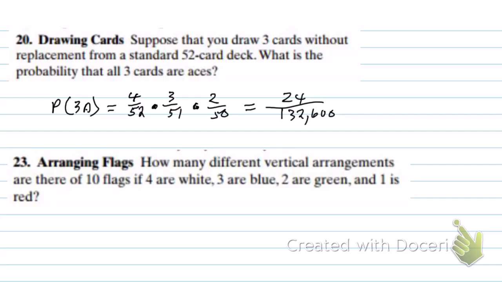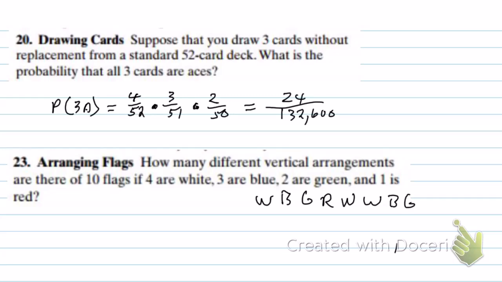Now then, look at 23 here. How many different vertical arrangements for 10 flags if there's 4 white, 3 blue, 2 green, and 1 red? When you got this kind of thing, imagine seeing those 10 flags. And let's say, just for the sake of argument, that it went white, blue, green, red, white, white, blue, green.